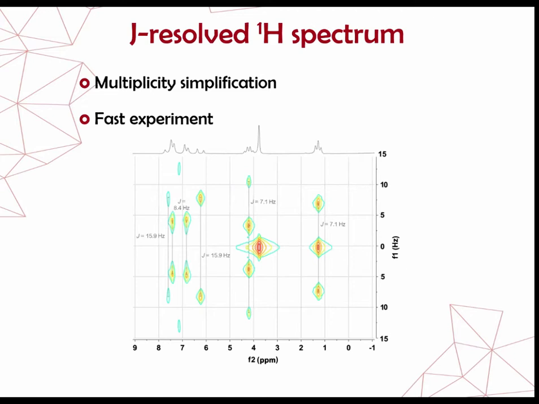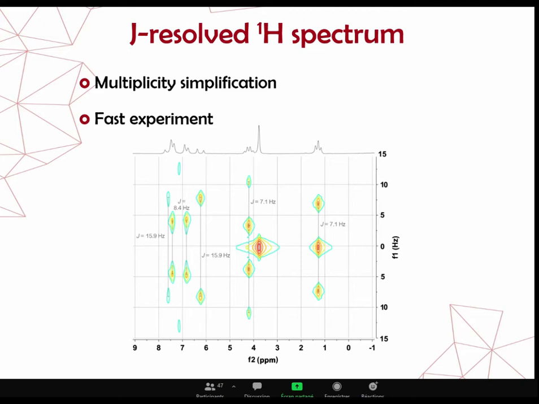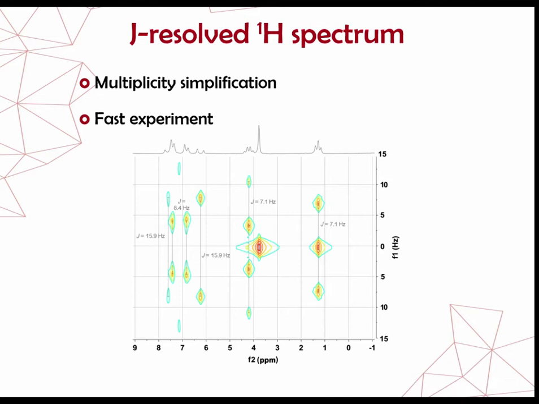Another proton 2D spectrum, which can be very useful, is the J-resolved proton spectrum. This is a quite fast experiment because you only need about 10 minutes, so it's quick.